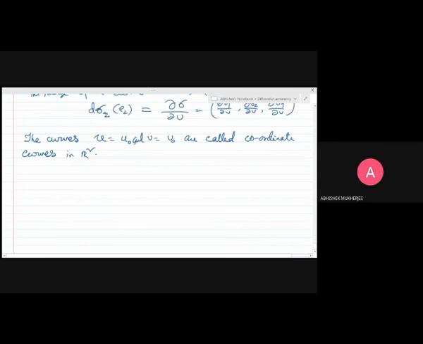So the condition 2 of regularity of the surface patch sigma, what does it tell you?